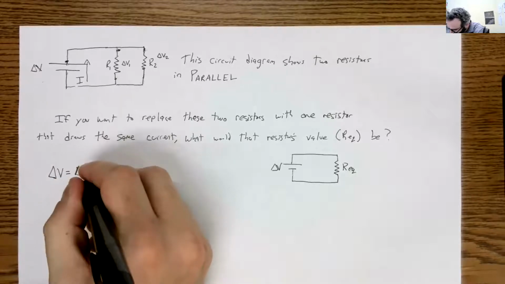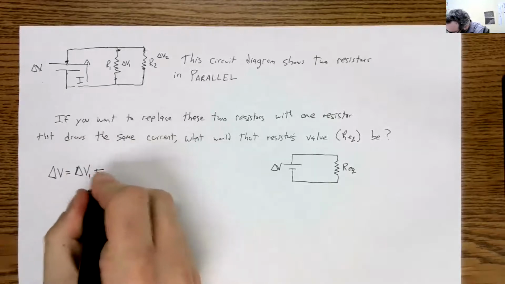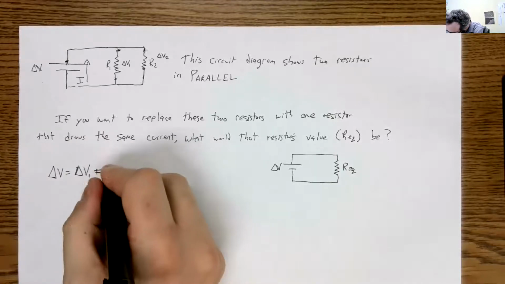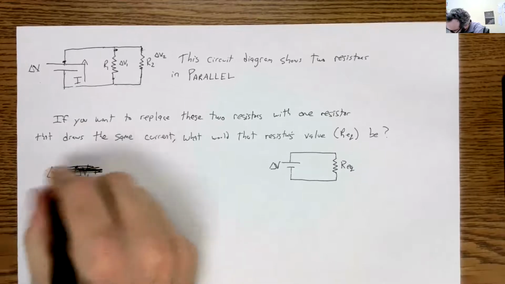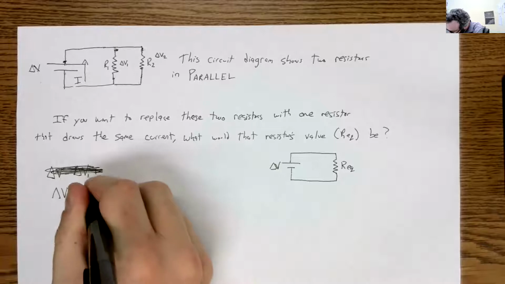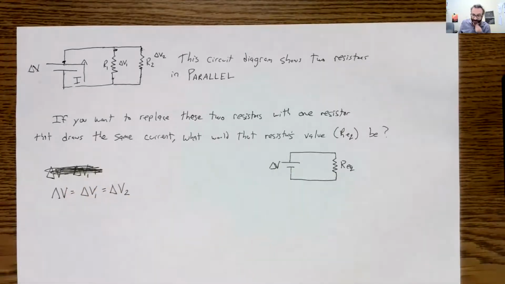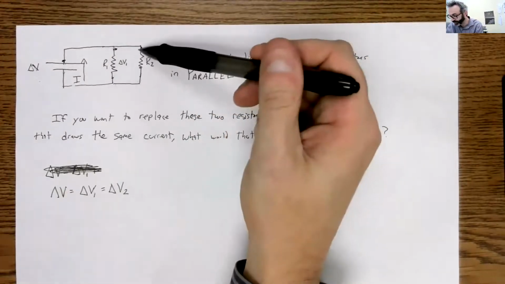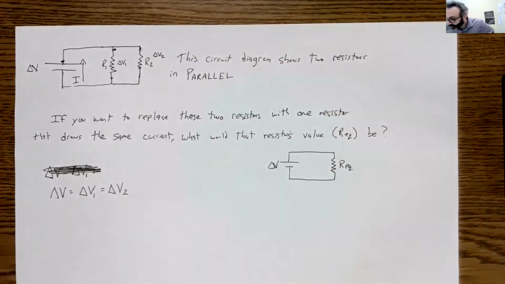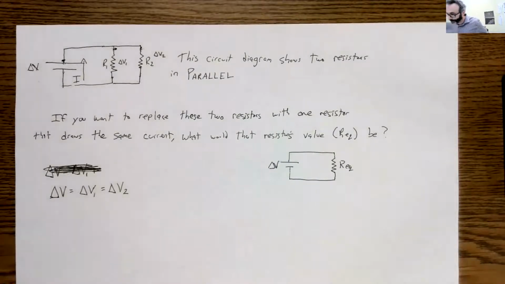I'm not going to draw the absolute value signs just to save space. Whoops, not plus, equal. That should be equal. Let me try that again. Okay. So in this case, if we measure the potential across resistor 1 and the potential across resistor 2, they have to be the same. Questions about why that is? If you're not seeing that, let me know and I'll try to explain it further.